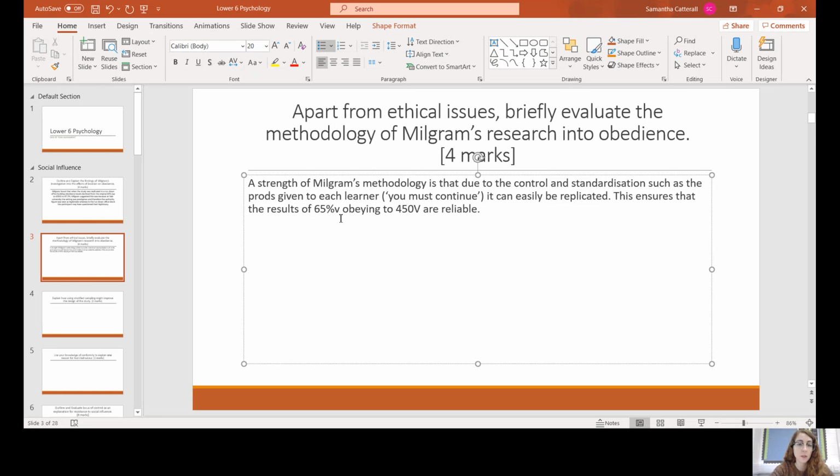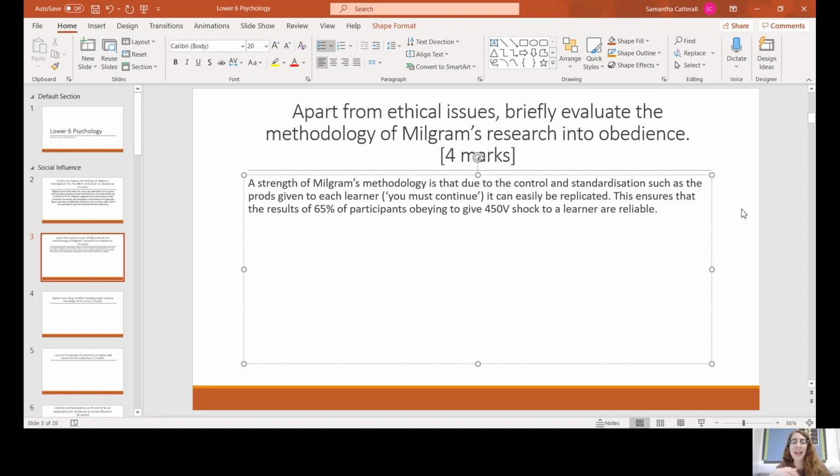This ensures that the results of 65% of participants obeying to 450 volts, obeying to give a 450 volt shock to the learner, are reliable.